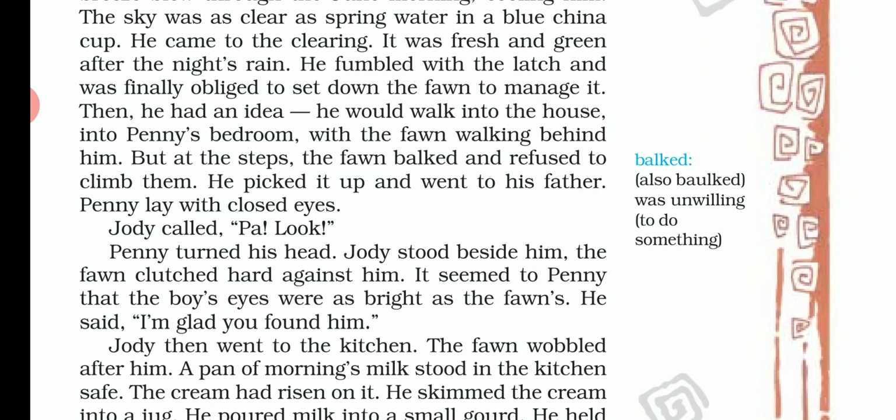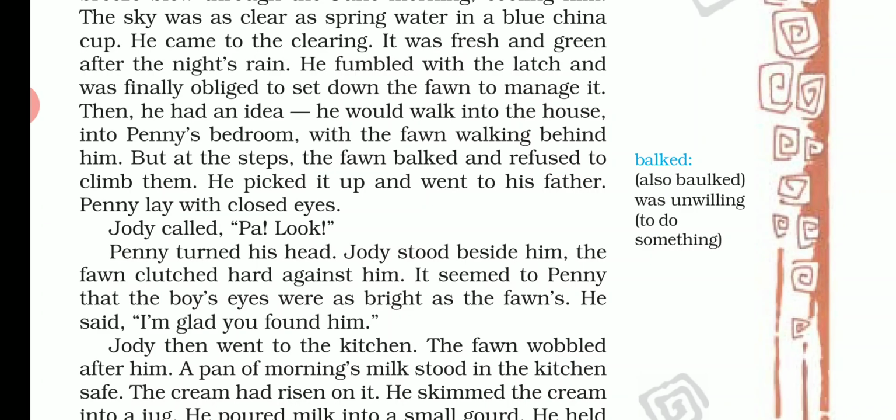So now when he was there in front of his father, Jody called his father and said, "Look." And the father turned and Jody stood beside him. The fawn clutched hard against him. Okay. So now what does clutched mean? To hold something very tightly. So what happened here? The fawn gripped him firmly.